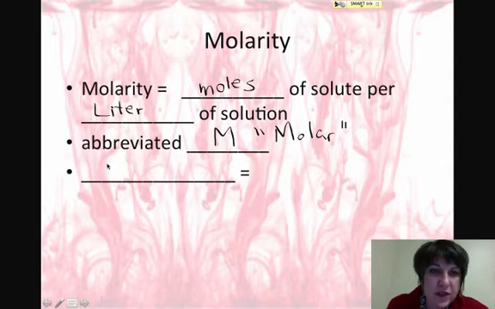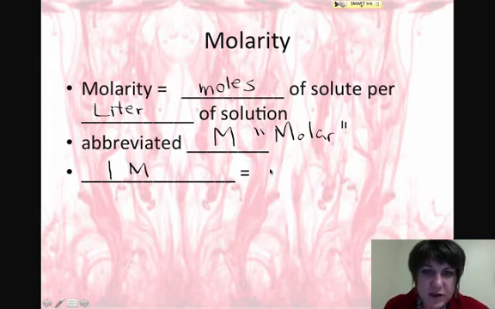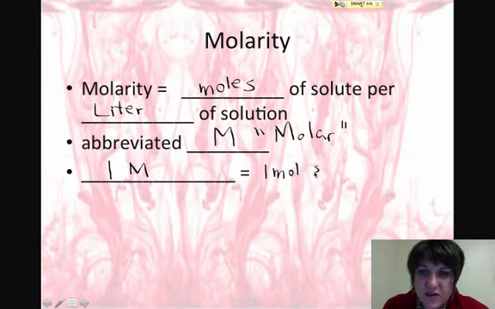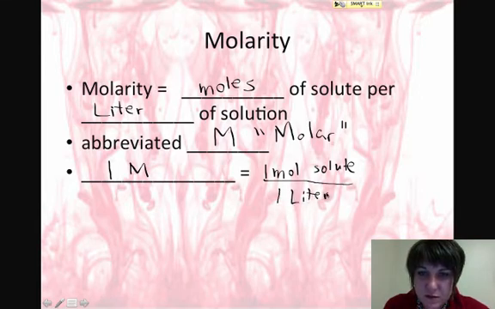Yeah. So what it means is that when we say it's a 1 molar solution, what we're really saying is that we have 1 mole of our solute for every 1 liter of solution that exists. That's what molarity means.